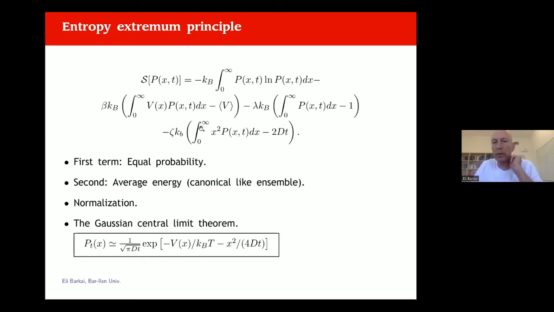That is the central limit theorem constraint that the x squared goes like 2 dt. I'm not going into details, but if you take the extremum of this, it's very easy to get back our original equation, where the density is a multiplication of the Boltzmann factor times the Gaussian propagation describing the large X behavior.